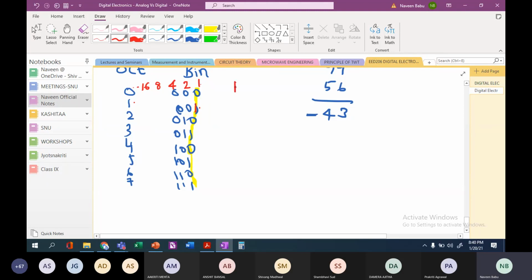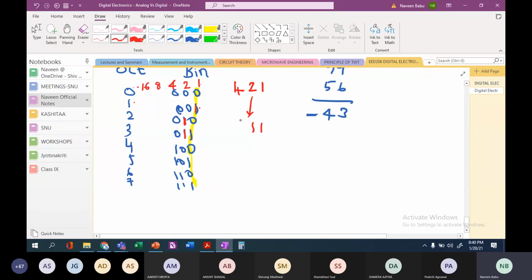Out of 4, 2 and 1, if you need 2, obviously you can use directly this particular positional weight. Hence this is 1 here. And you need 3. What combination of these 4, 2 and 1 can make it 3? Only the combination of 2 and 1 can make it 3. That is 2 plus 1 is 3. So that is why it is 1 here and 1 here.